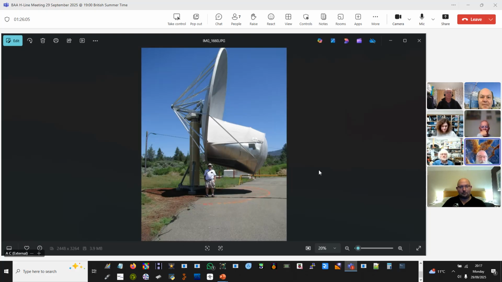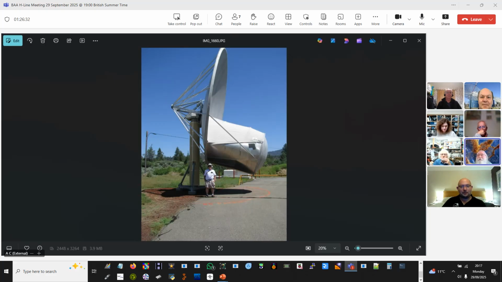That's at the focal point of the offset dish. They have cryogenically cooled low noise amplifiers and all that system included inside that canvas covering. But anyway, I just thought you might want to see the gigantic size of one of these offset dishes that we were talking about earlier.